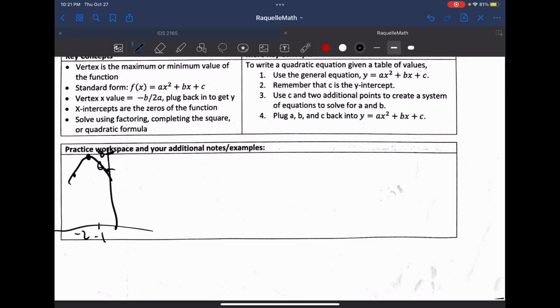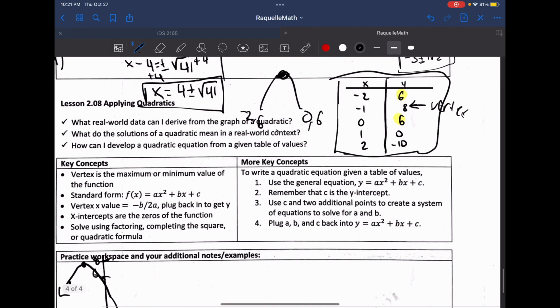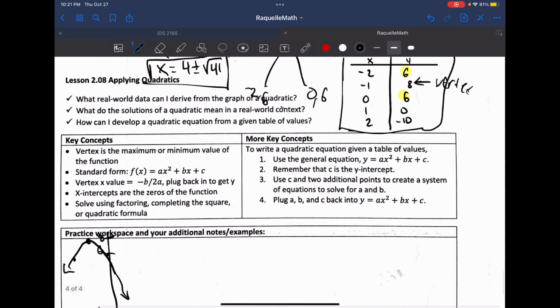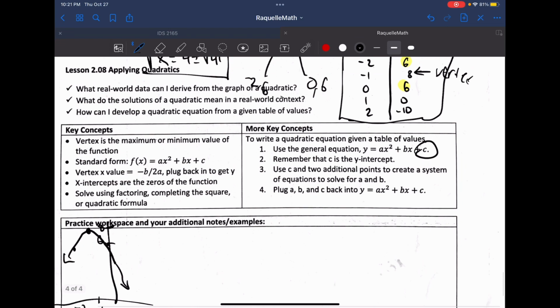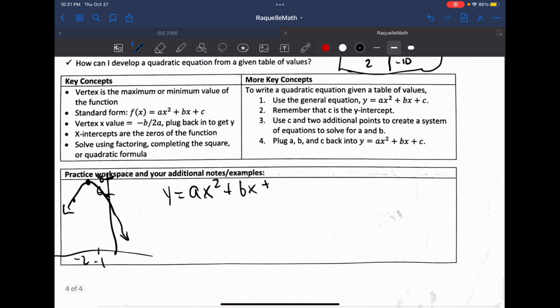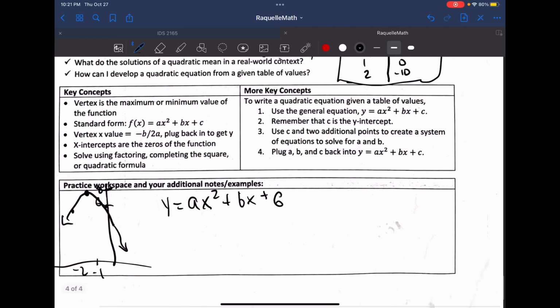So boom, this is our very badly drawn graph. So C is always the y-intercept. So we know that y equals ax squared plus bx plus c, and the y-intercept is 6, because that's when x equals 0.